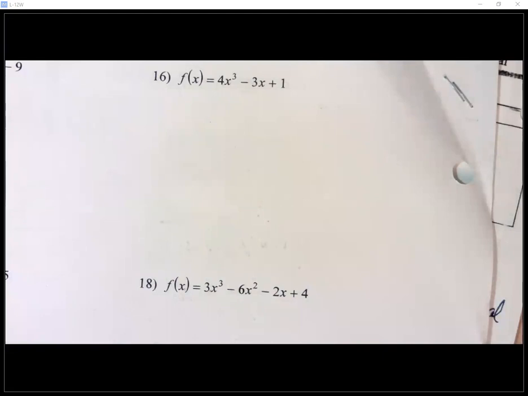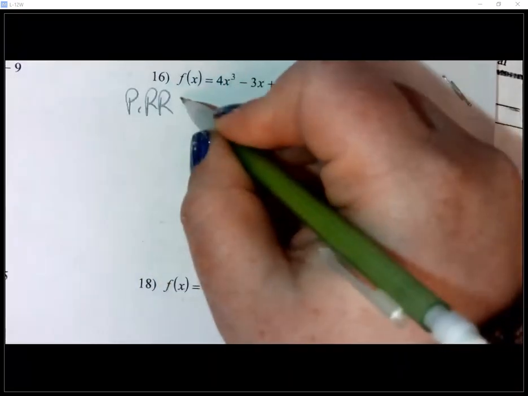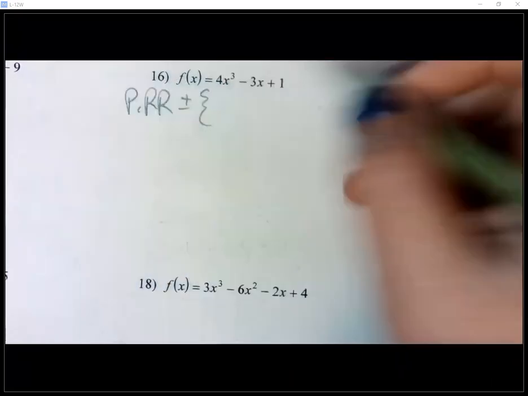Okay, you have the list? All right, your list of possible rational roots should be positive and negative, all of these.